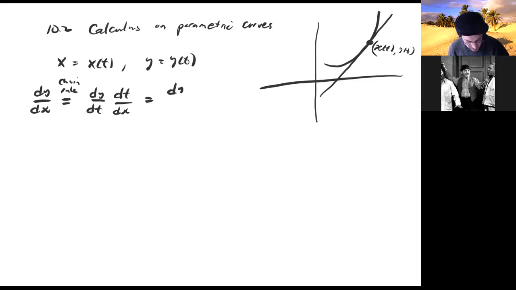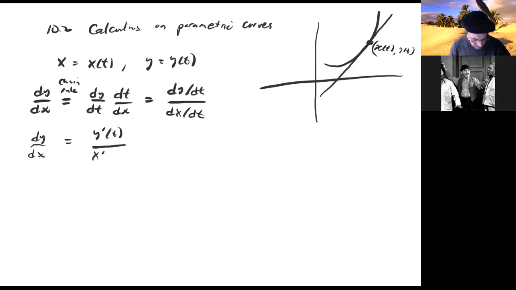So this is going to be dy/dt over dx/dt. Or if you like, the slope of the tangent line is y prime of t over x prime of t. And this is the slope at time t, the slope of the tangent line at the point x of t, y of t.